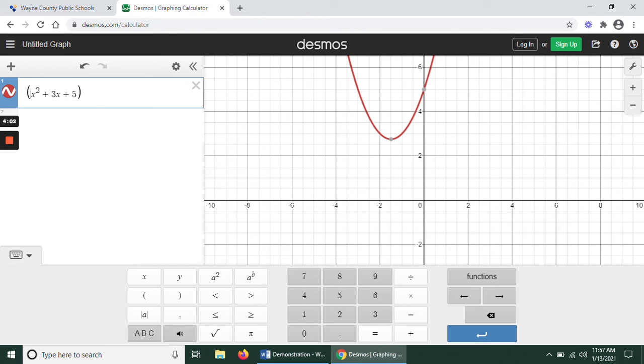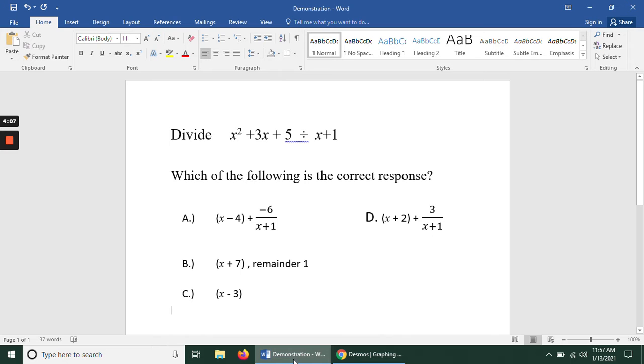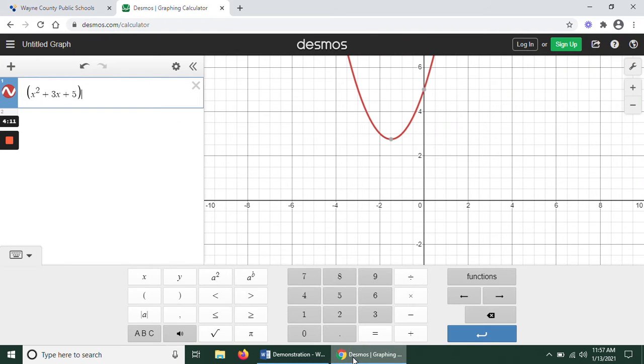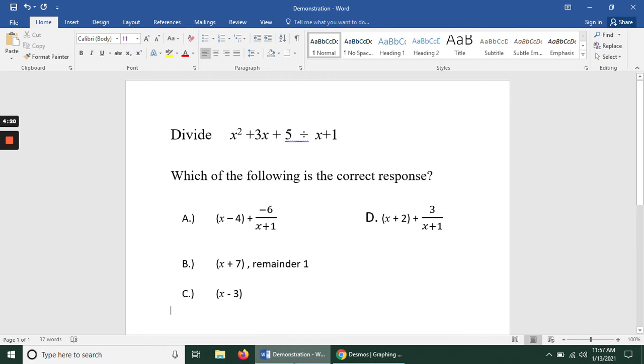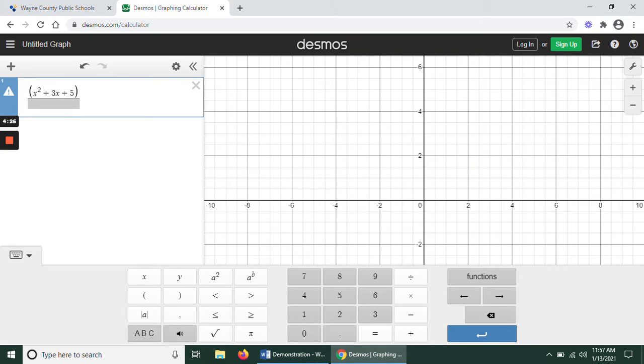Now it says divided by x plus 1, so I'm going to look for the division button, and then I'm going to type x plus 1. That is what I'm dividing by.